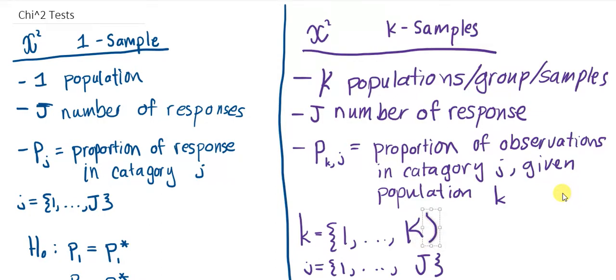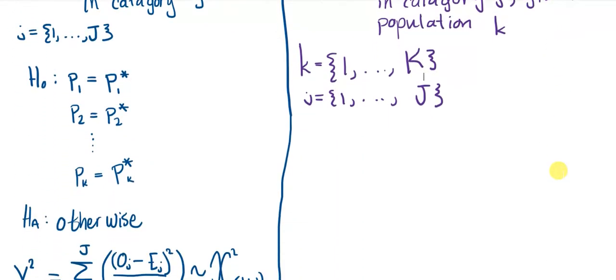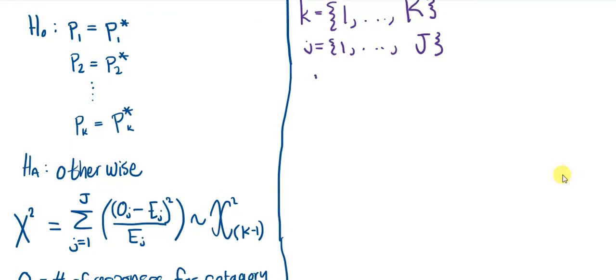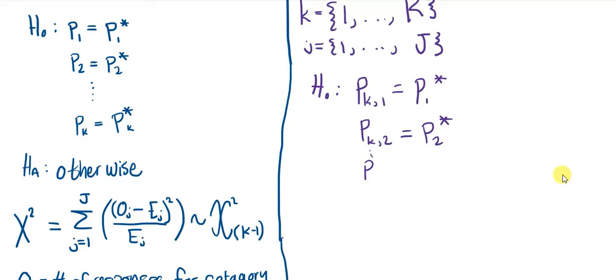So for this situation, our setup is a little bit different. We're going to say H naught is p_k,1 equals p1 star, equals p_k,2 equals p2 star, all the way to p_k,J equals pJ star, so we're doing all groups.